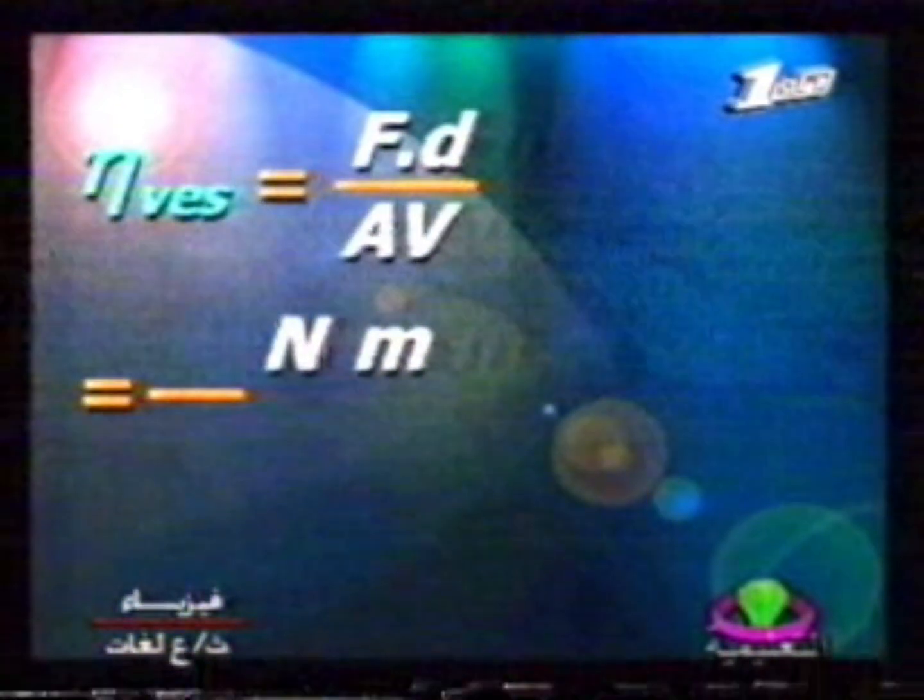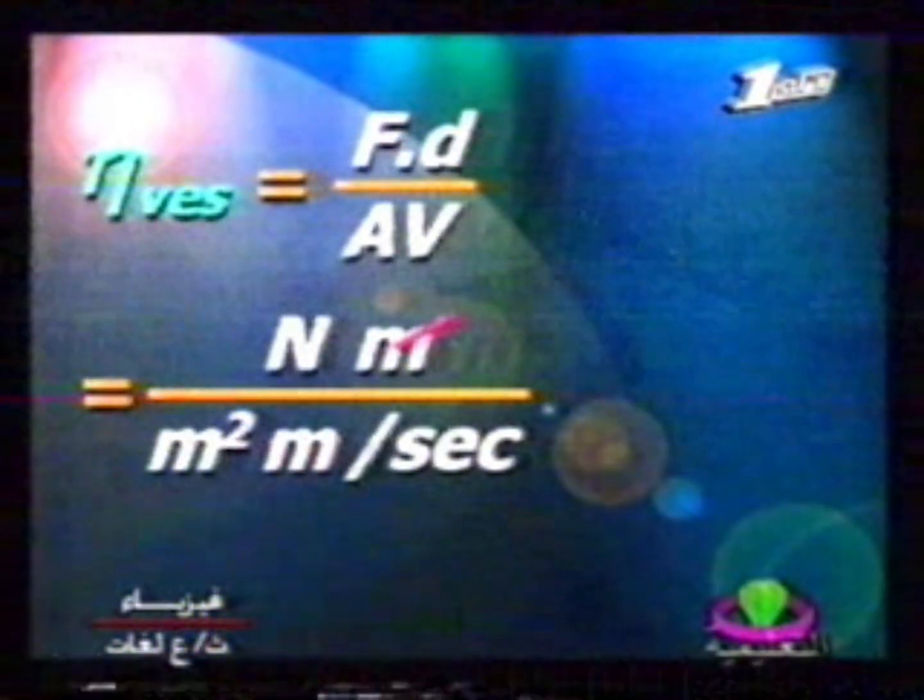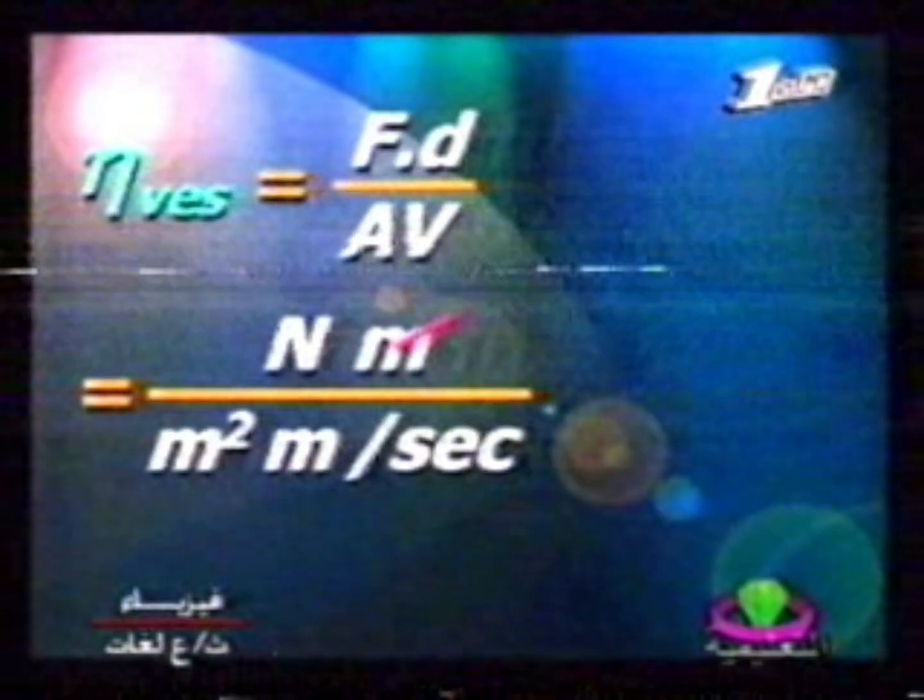Since eta equals Fd over AV, we all know that the force is measured in Newton. What about D? D is in meter, the area in meter square, the velocity in meter per second.